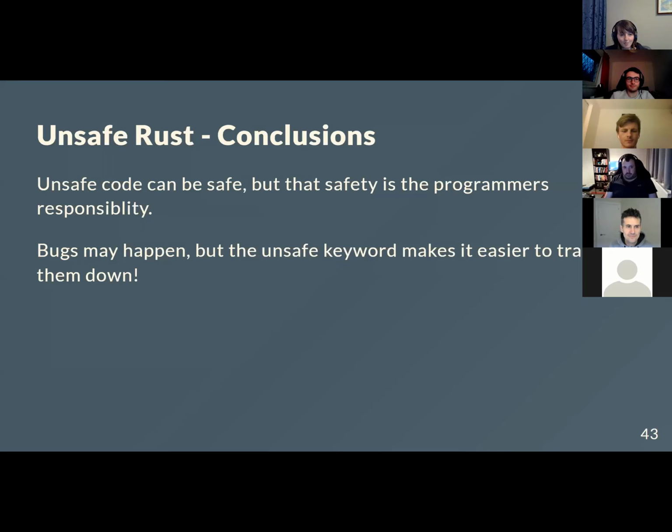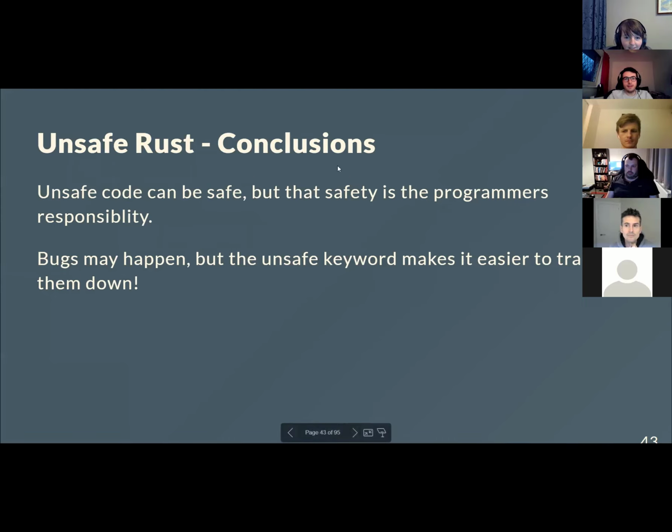But that's not to say that unsafe Rust code isn't safe. It very much can be safe, but it's the programmer's responsibility, which is the situation you're in with tons of other code already. Bugs may still happen, but the unsafe keyword makes it much easier to track them down when they do occur. Is there any chat or any questions at this point?